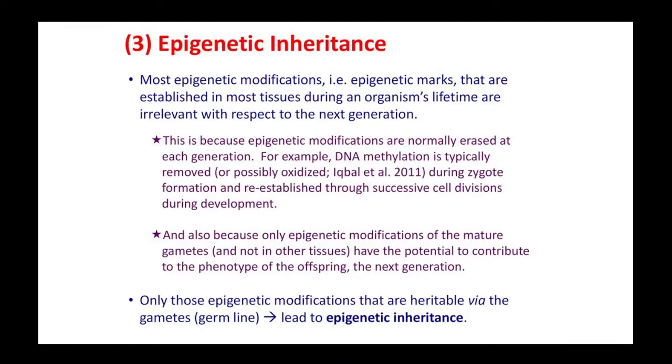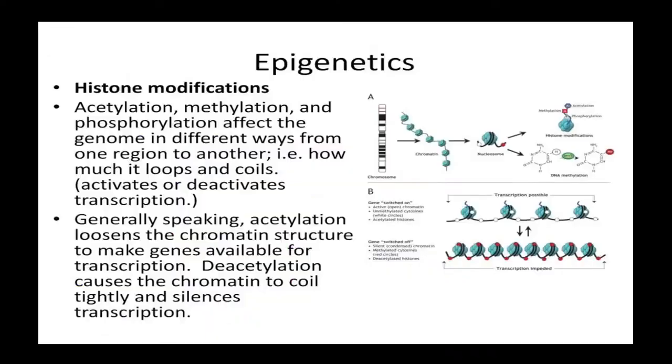Also, only epigenetic modifications in the gametes, and not in other tissues, have the potential to contribute to the phenotype of the offspring, the next generation. Only those epigenetic modifications which are heritable via the gametes, the germline, lead to epigenetic inheritance.